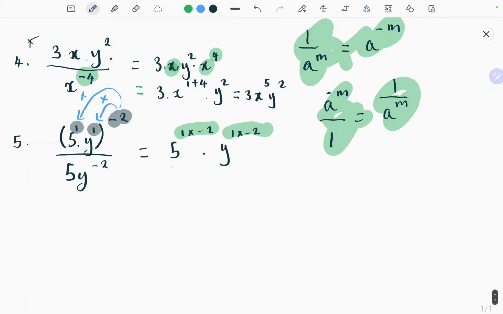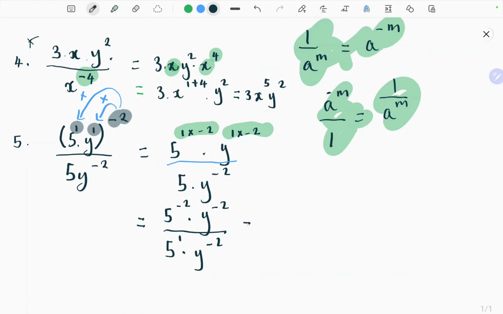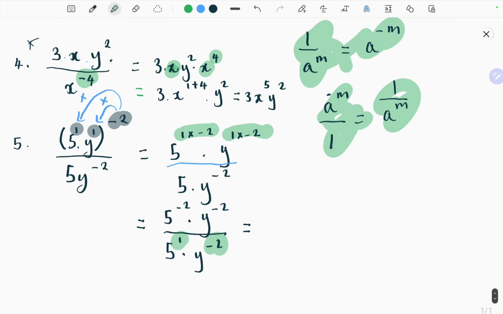And then the denominator is simply 5y to the power of -2. So we can further write this as 5 raised to the power of -2, y raised to the power of -2, over 5 raised to the power of 1 and y raised to the power of -2. So when you bring these exponents to the numerator, their sign changes.